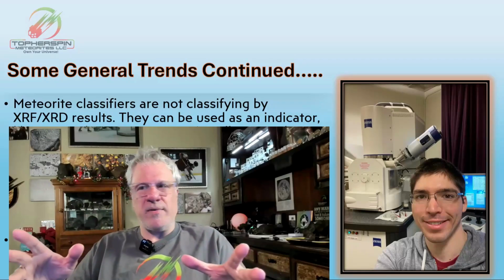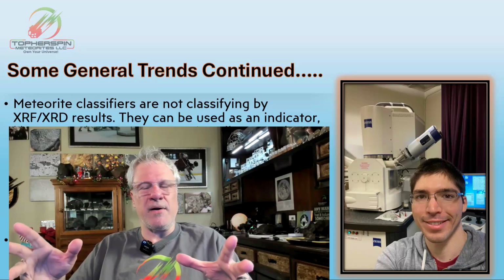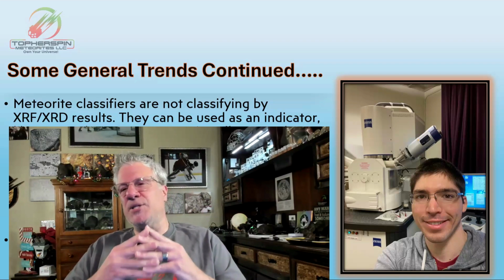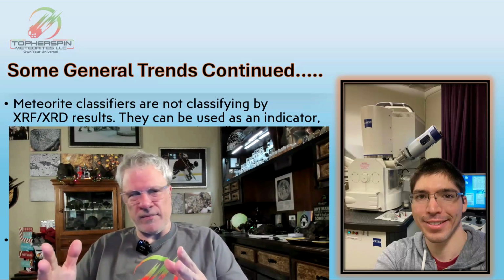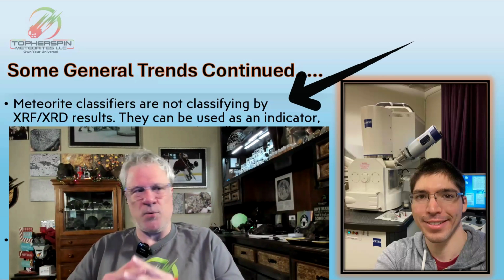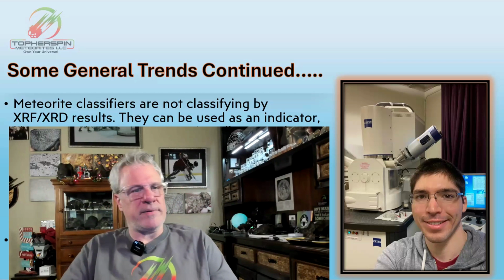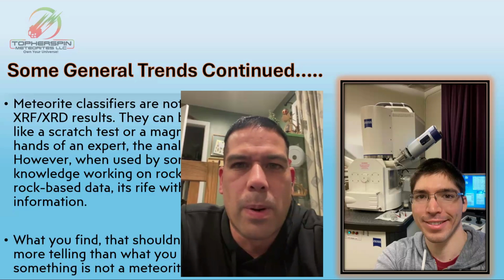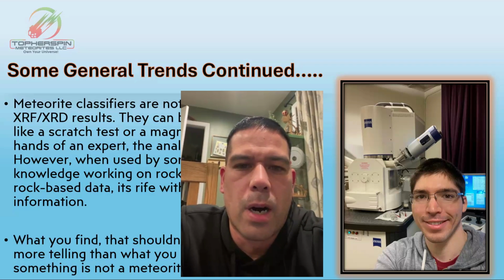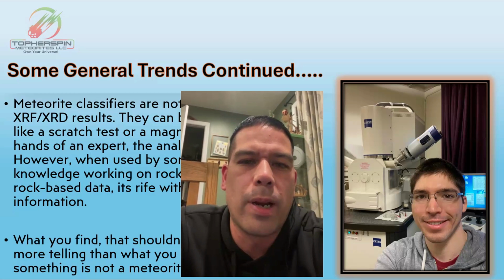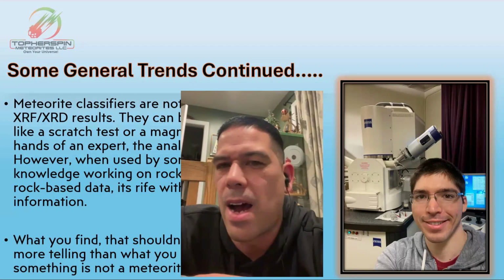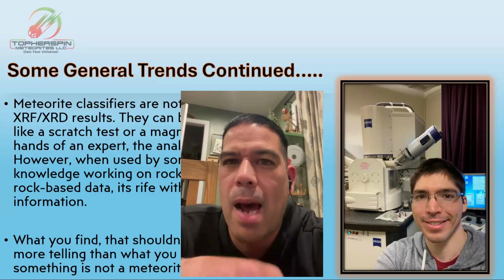I threw this picture in here of our friend Daniel Shake, a classifier of meteorites, to show what they actually do use, to juxtapose your point that they don't use XRF. Could you touch on what you see in the background? Yeah, that's a scanning electron microscope. It uses an electron beam instead of X-ray as your source, and it allows you to get a visual map and a chemical readout map of not only what elements you're seeing, but how they are all put together.